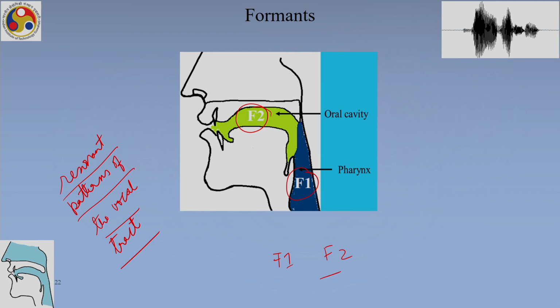So these resonant patterns of the vocal tract are not just harmonics which we get from the source. The result of that source spectrum going through these resonating chambers results in our particular formants, and these are much more complex than what we have at the source.